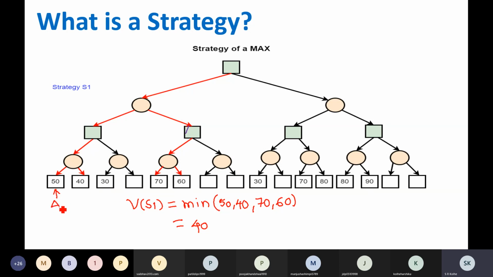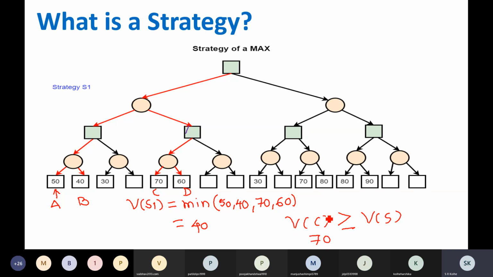Suppose this node is A, this node is B, this is C, and this is D. So A, B, C, D belong to strategy S1. So consider the value of node C and its relation with the value of a strategy. Always you will find that the value of any node in that strategy is greater than or equal to the value of the strategy. Now what is the value of C?